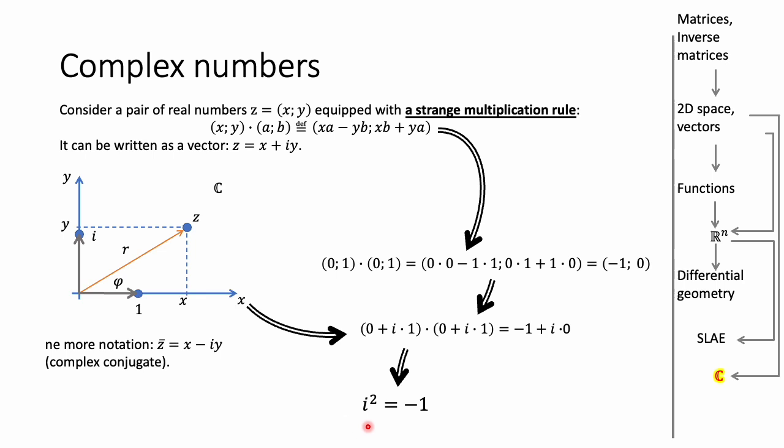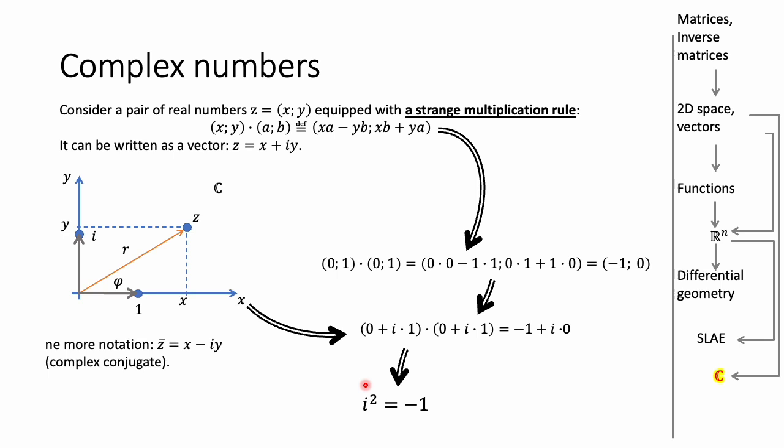This is the correct, consistent way to introduce complex numbers and to deduce from this definition that i squared is equal to negative 1.